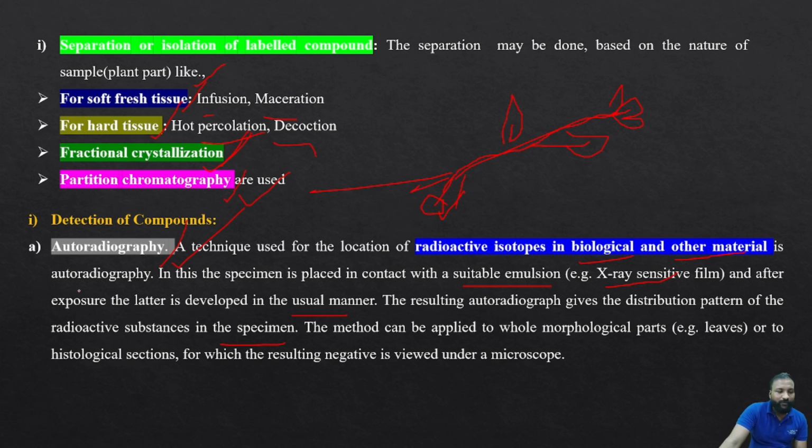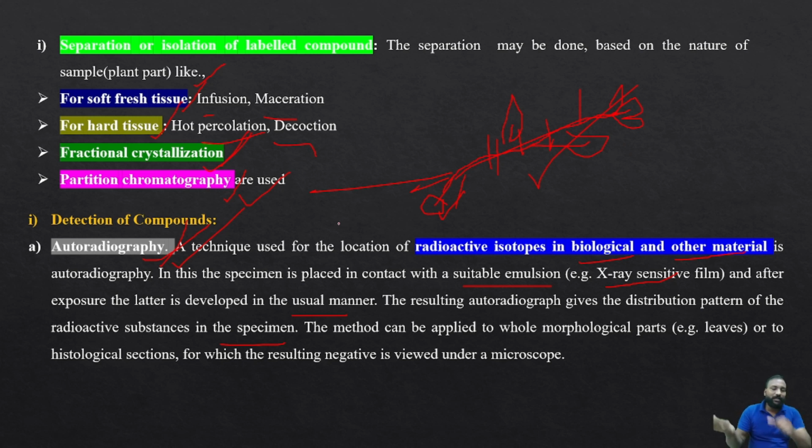To that, we apply autoradiography. We subject this particular thing to a suitable emulsion, then expose it to radiation, so that the distribution pattern of the radioactive substances will be identified.